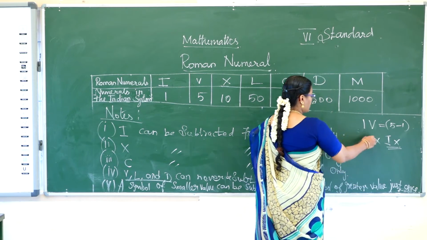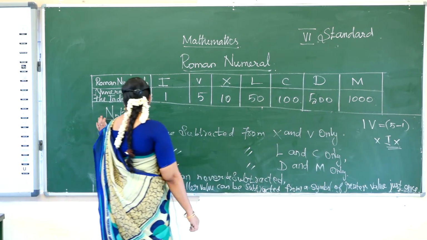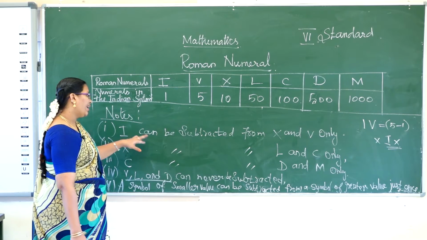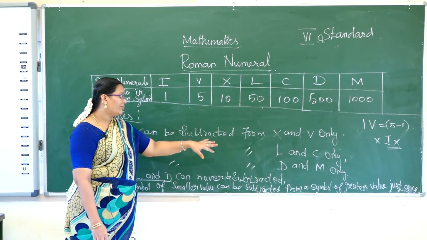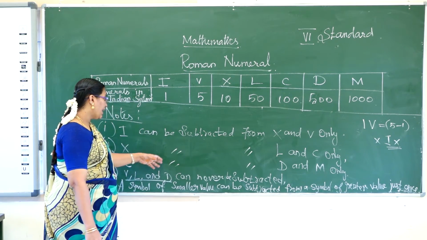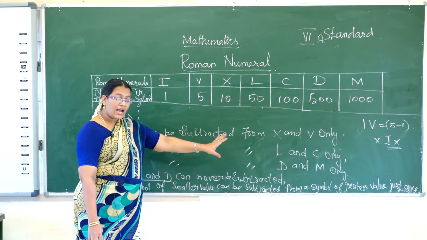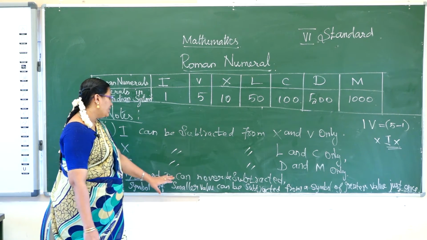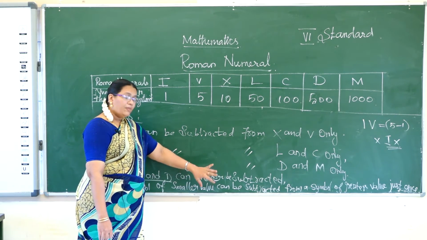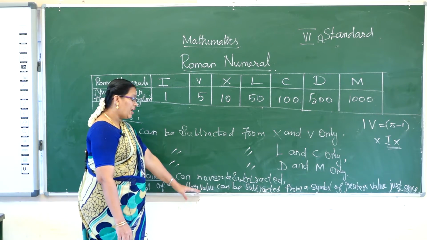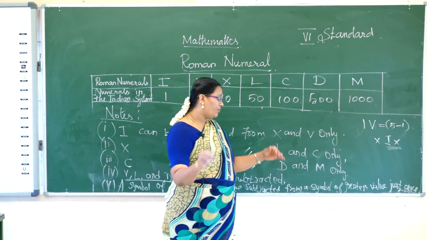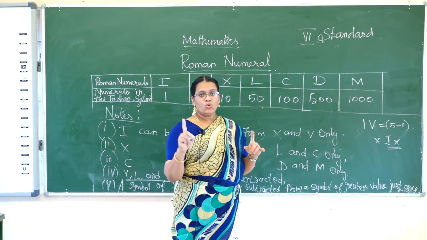Okay. So, that is the fourth rule. After that, here are some rules for writing. I can be subtracted from X and V only, and X can be subtracted from L and C only, and C can be subtracted from D and M only, and V, L and D can never be subtracted. A symbol of a smaller value can be subtracted from the symbol of a greater value just once only.